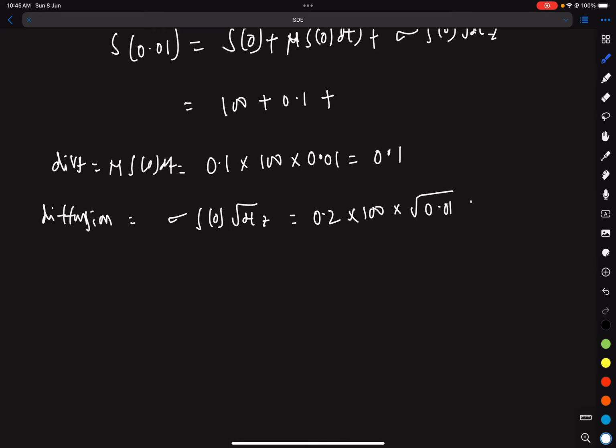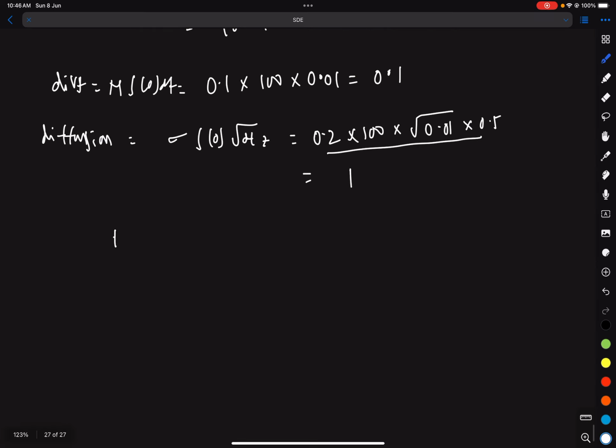Now into that, let's take our z value randomly. I'm taking 0.5. So to calculate this whole number, 0.2 into 100 into square root of 0.01 into 0.5, which is equal to 1.